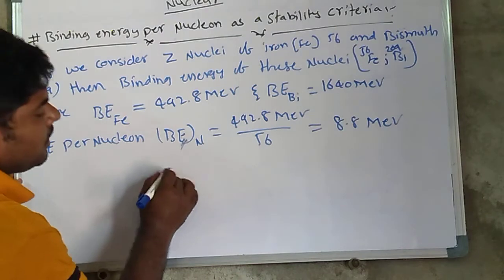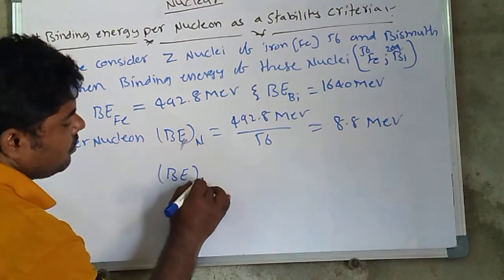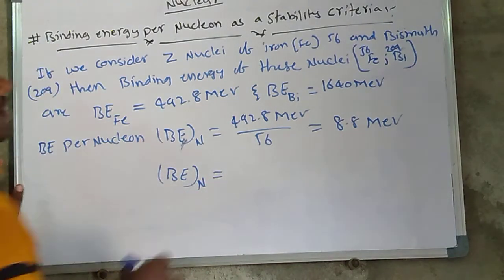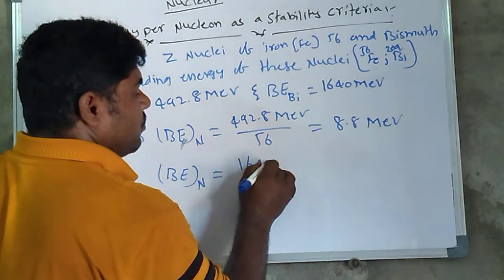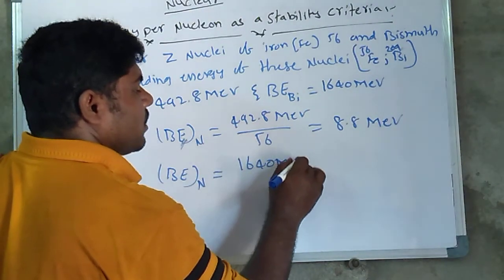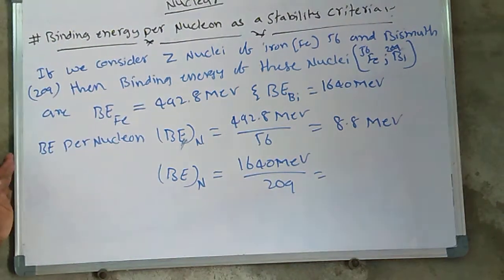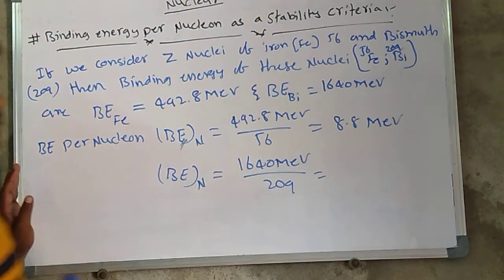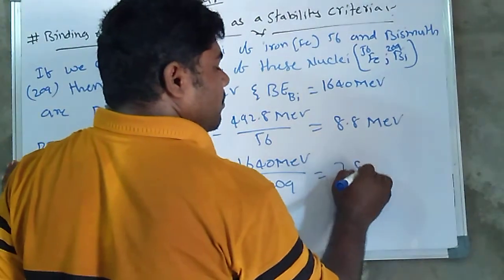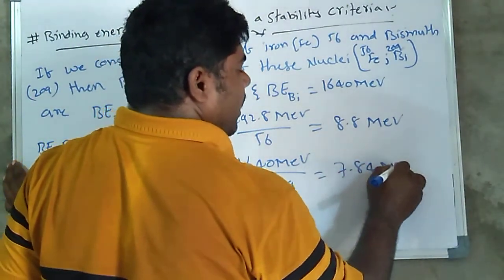Similarly, for bismuth, 1640 mega electron volt divided by 209 is approximately 7.84 mega electron volt.